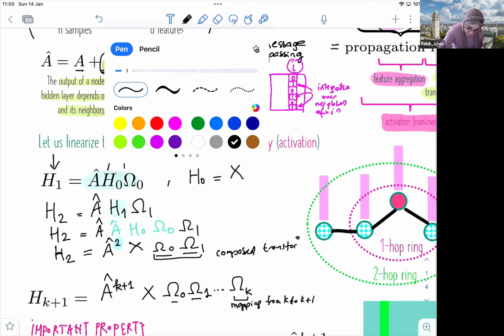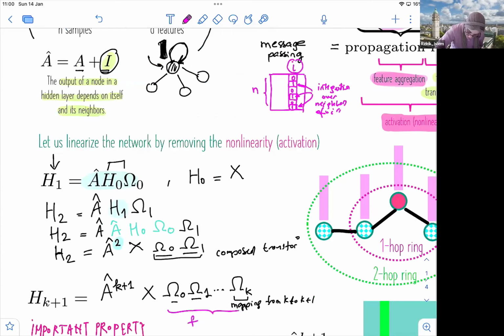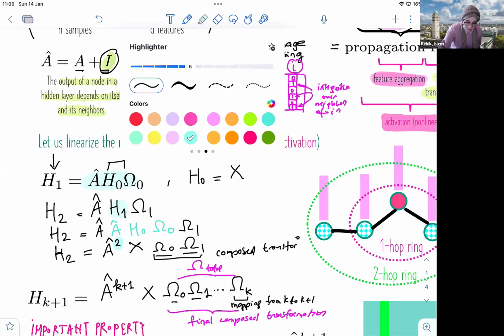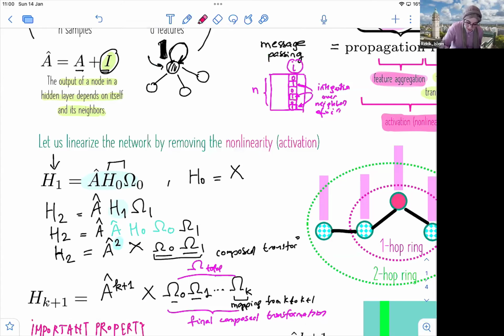And this is the final composed transformation, so we can call this omega total. This is the final transformation that we want to apply. As you can see, if we get to the final layer, it depends on multiple multiplications.